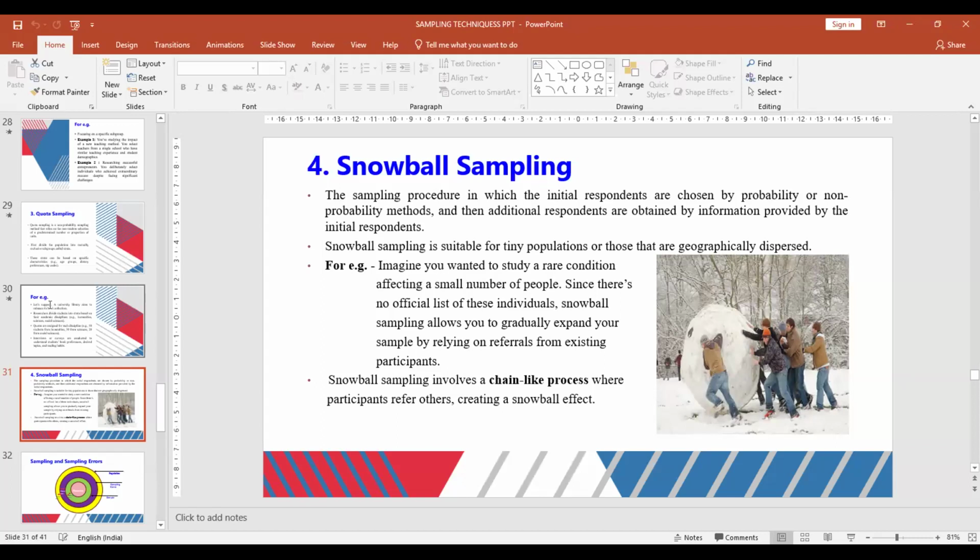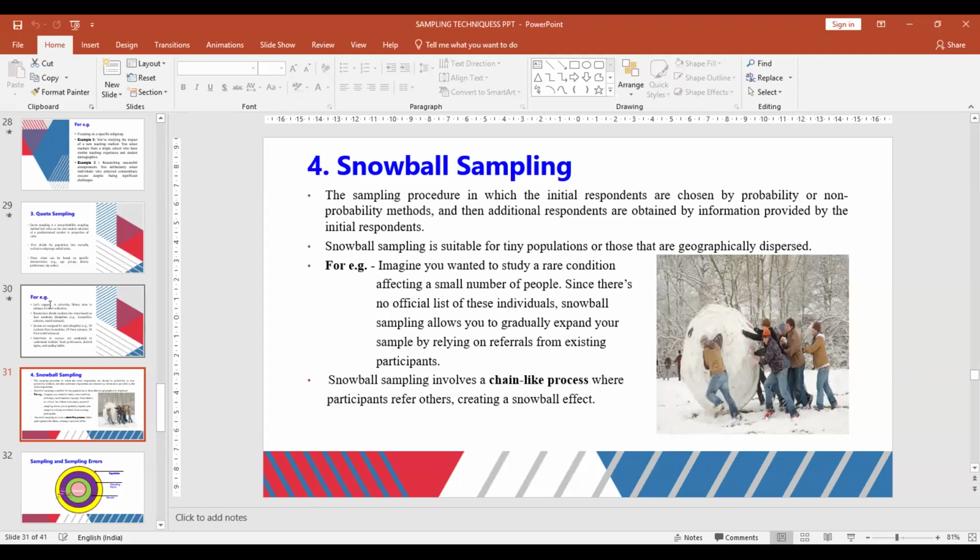So these are the probability sampling and the other one, non-probability sampling. I have given the examples of all the probability and non-probability sampling. Here, I would like to draw on some basic errors in sampling.